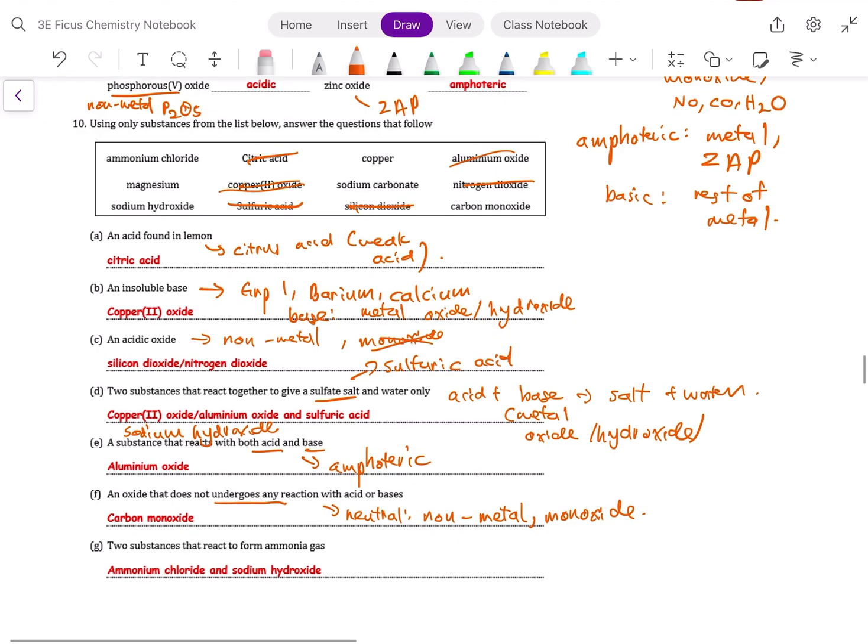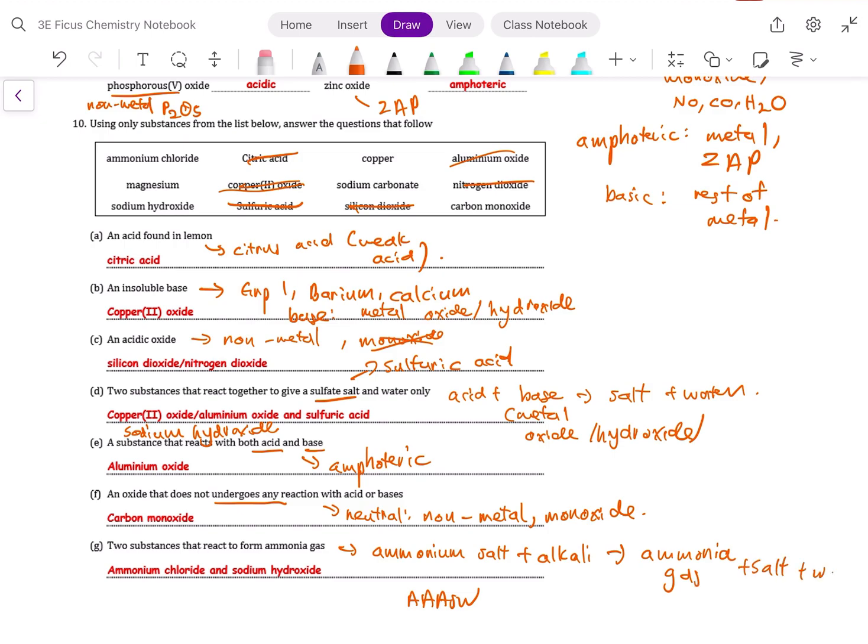Then next one, for ammonia gas, you need an ammonium salt. Ammonium salt plus alkaline, not acid, gives you ammonia gas, salt and water. Ammonia gas is NH3.